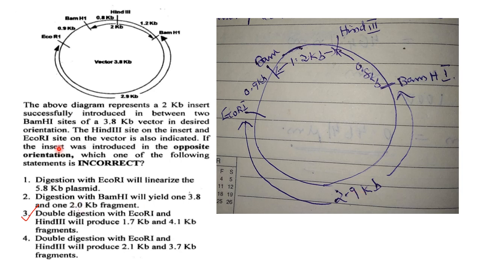Now they have asked, if the insert was introduced in the opposite orientation, which of the following is incorrect? So if it was in the opposite orientation, you would have got a 2.1 kb band and a 3.7 kb band. Now the third option they have mentioned is for double digestion with the gene of interest oriented in the correct direction, not in the opposite direction. As per the question, they have asked for the incorrect statement. So the answer is option 3.